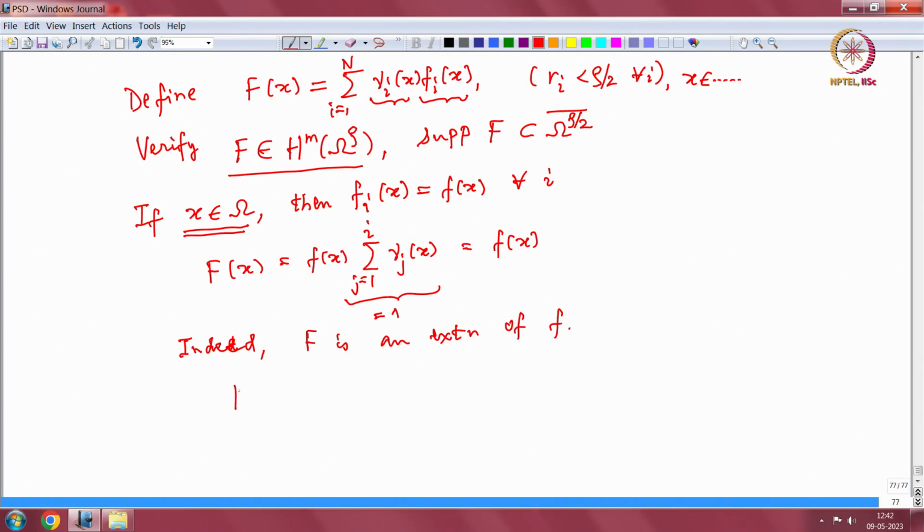Okay, and that estimate we are looking for. So the norm of F in H^m omega rho is less than or equal to, because the gamma i's are all less than or equal to some constant, okay, no problem, the H^m norm in some ball, but these are all extensions of f, so they satisfy the same, with another big constant, the norm of f in H^m omega.